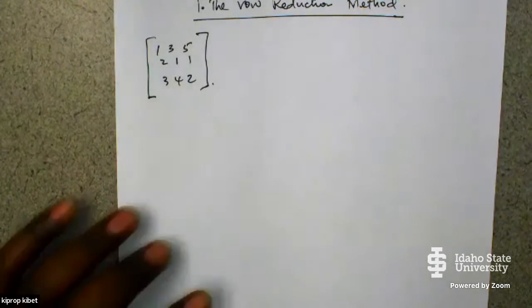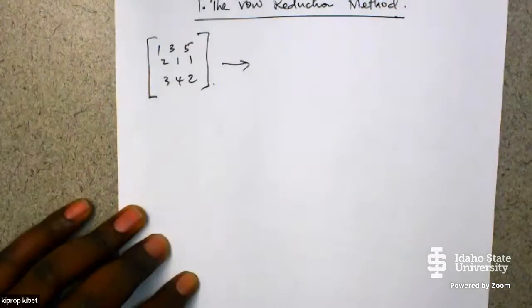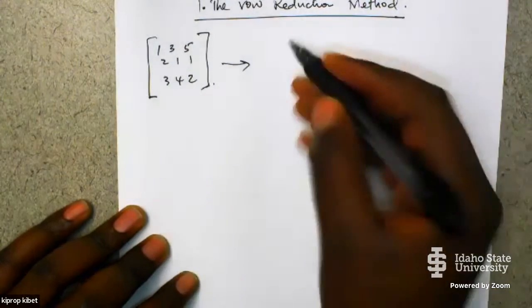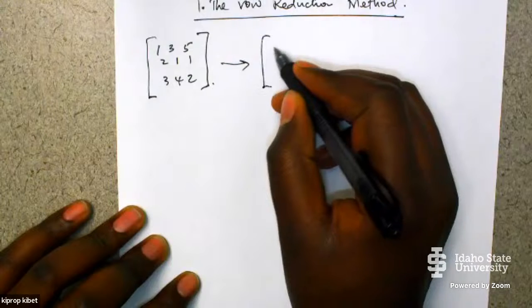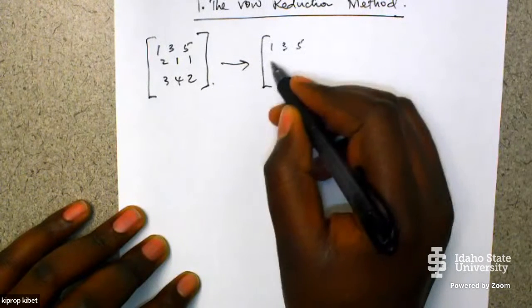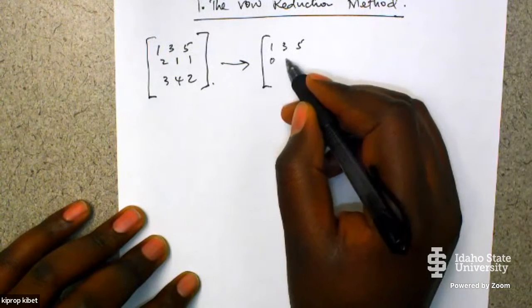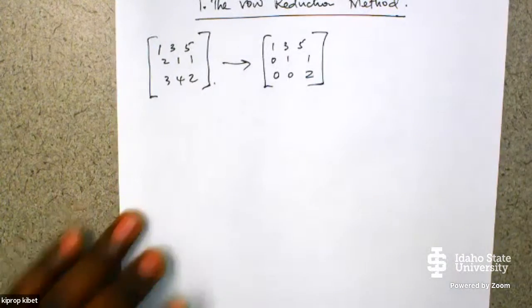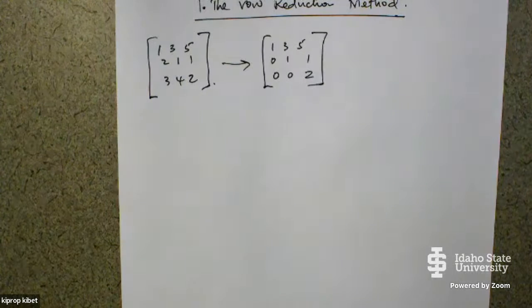When we reduce this matrix to echelon form, then what we get, without doing all that work, is 1, 3, 5, and then 0, 1, 1, and then 0, 0, and let's say 2 there. So that is what we were getting when we reduced. I did not do the manipulation yet.